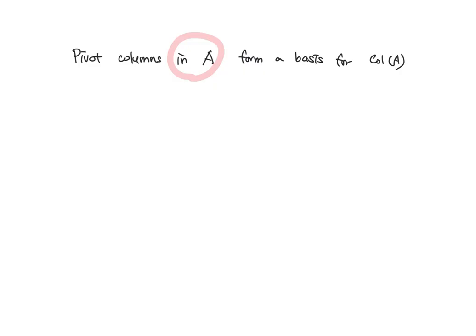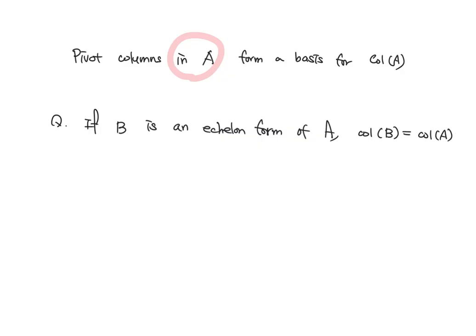Then, before we go to the next section, if B is the reduced row echelon form of A, or if B is an echelon form of A, including the reduced row echelon form, the question is: is the column space of B equal to the column space of A?